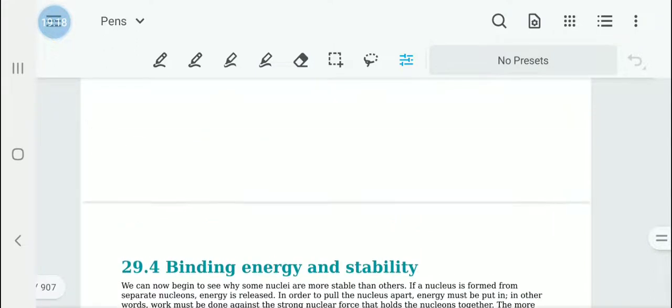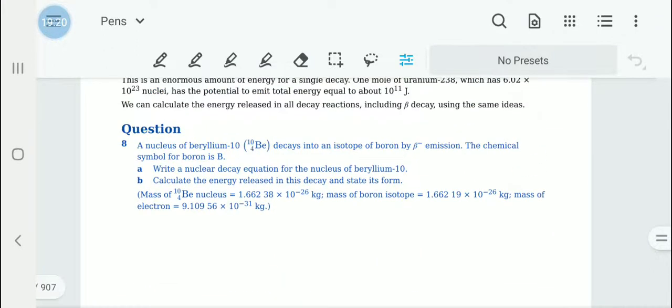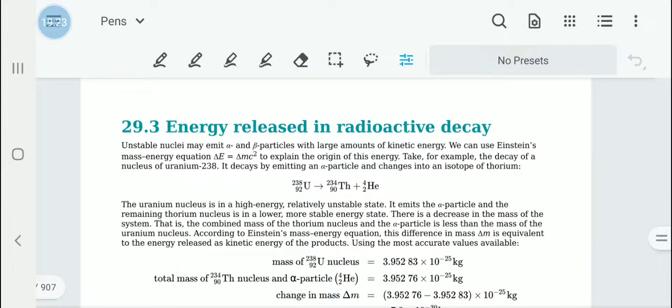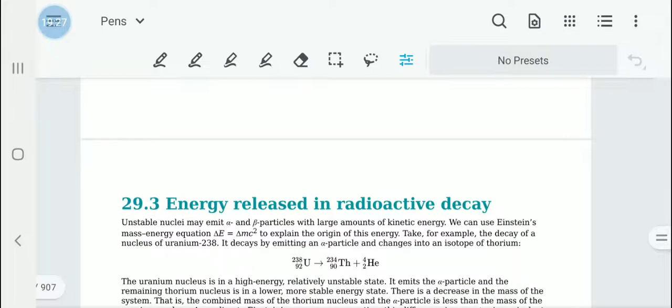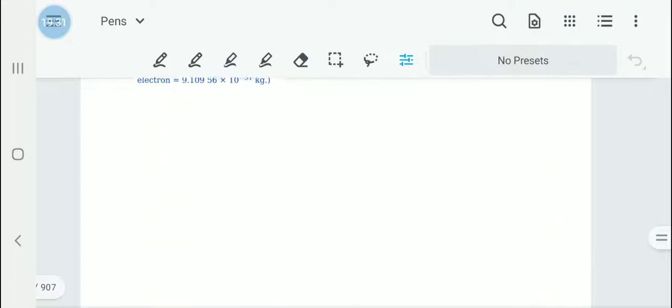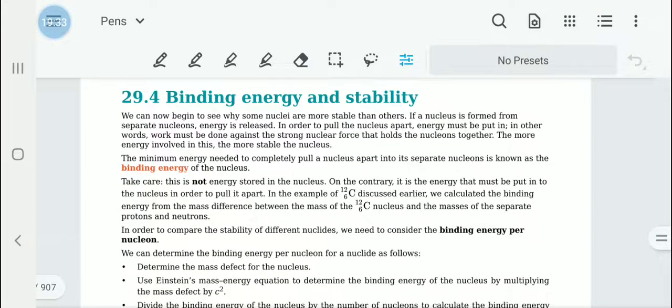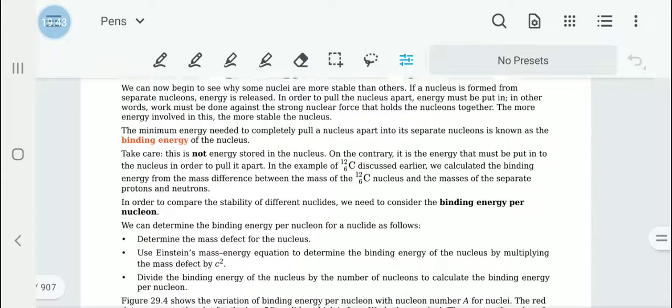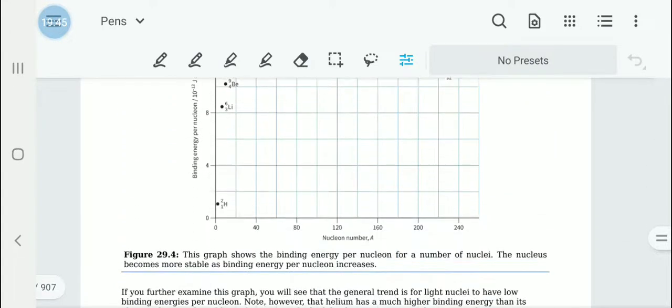I want you to write down a note. Write down binding energy and stability. We did write a note on this.